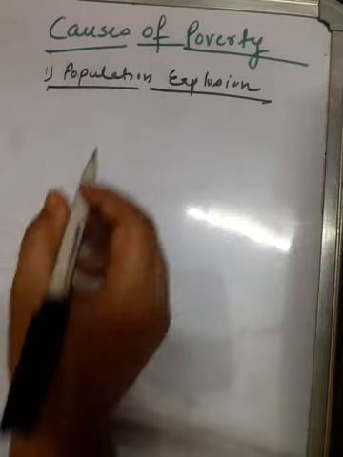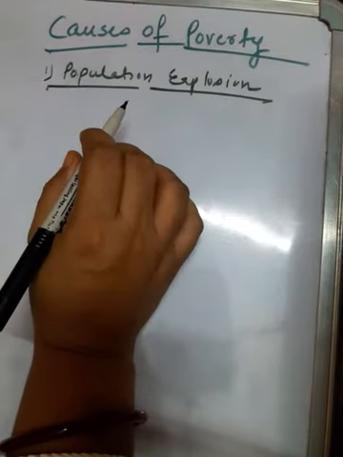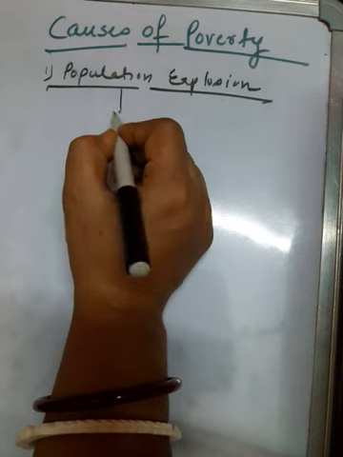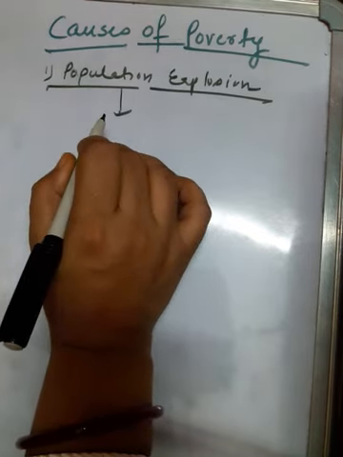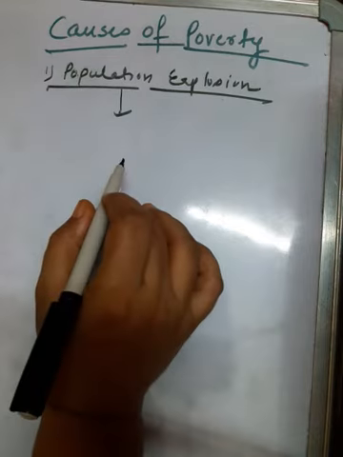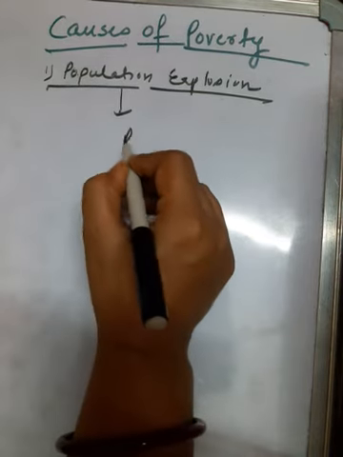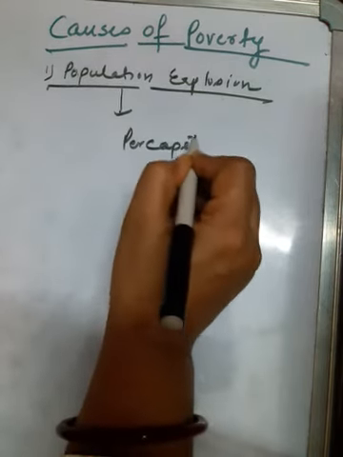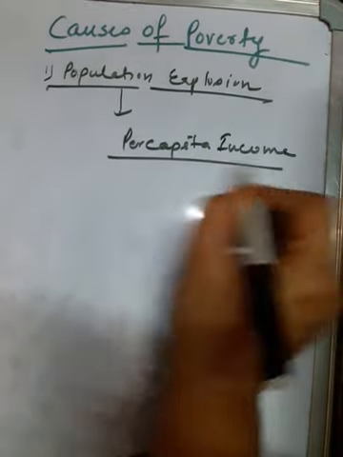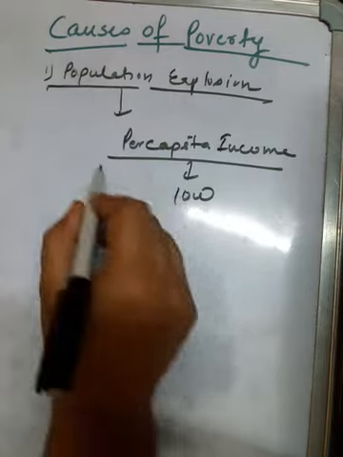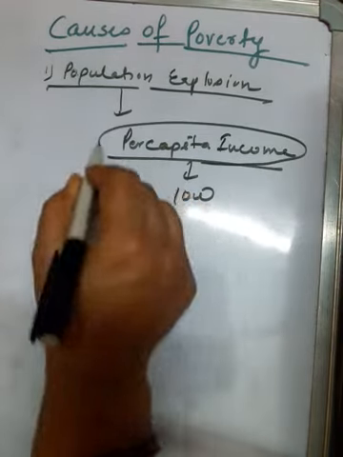When total national income is thinly spread over the large population of India, per capita income is bound to be low. And what is per capita income? You know very well.